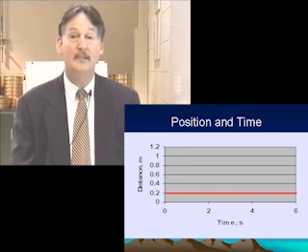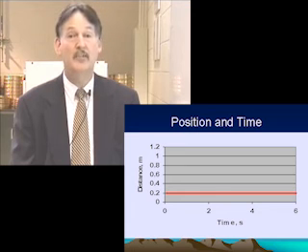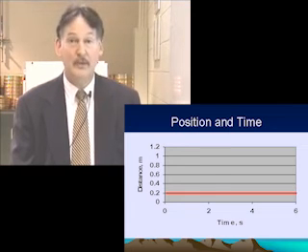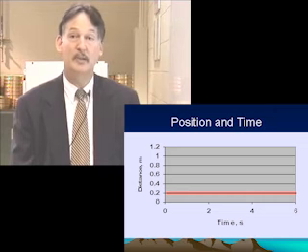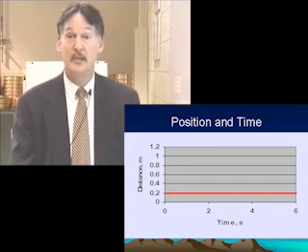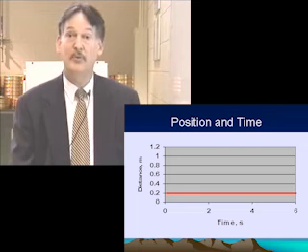Well, you're right. X would equal 0.02. There is no time variable in this relationship because the x is not changing with time. But still, that's an equation that tells you something about where this object is located at all times.